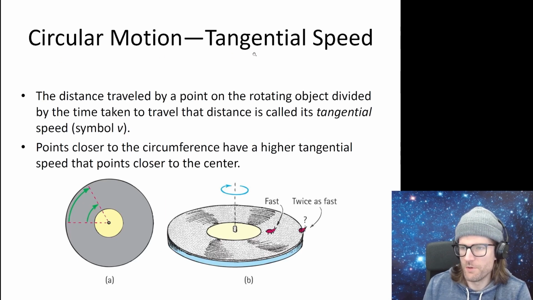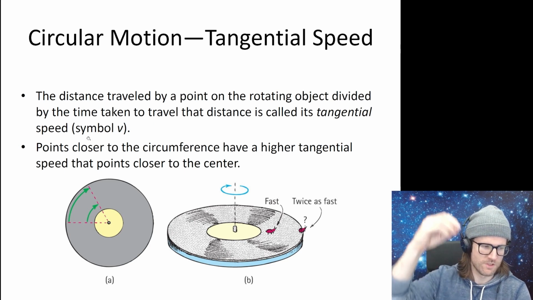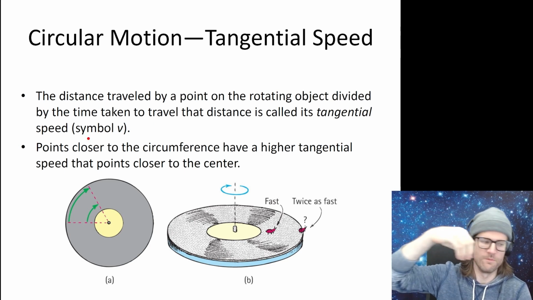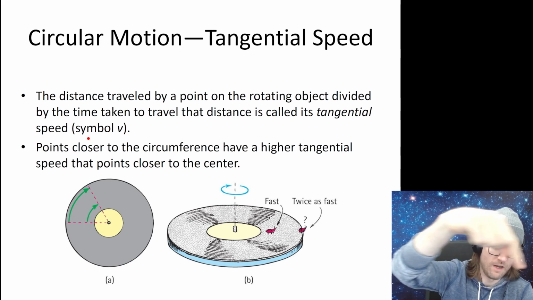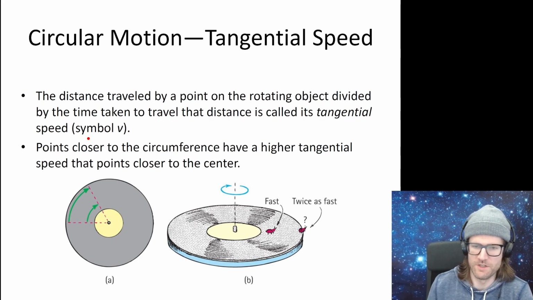Okay, so for circular motion, there's this idea of tangential speed. The distance traveled by a point on the rotating object divided by the time taken to travel that distance is called the tangential speed. So if you're sitting on a circular object going in a circular motion, then your actual speed is your tangential speed.